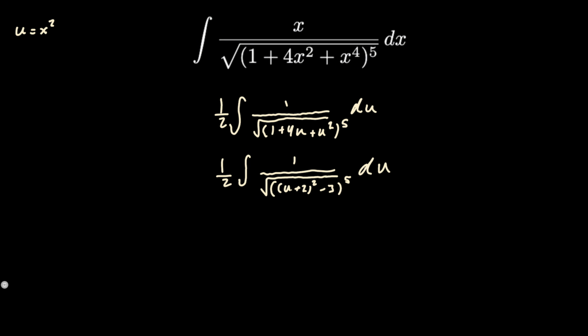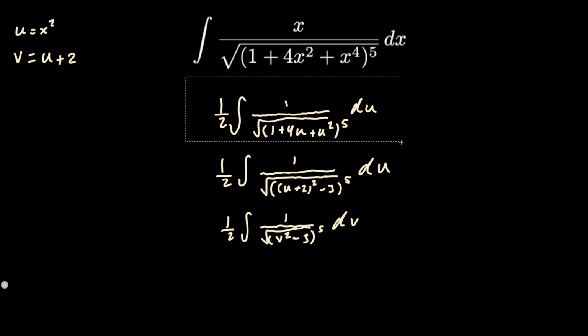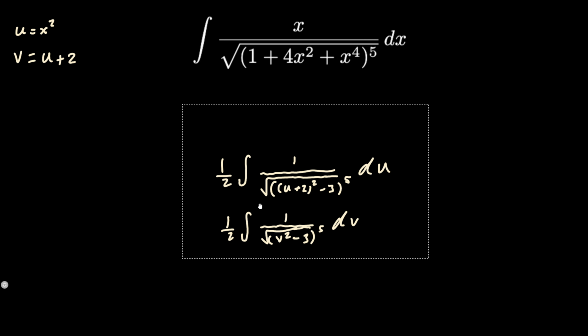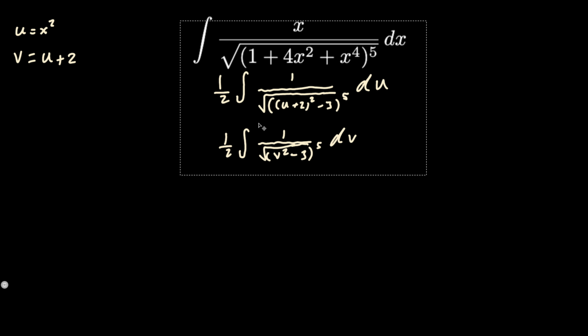It's just going to replace u plus 2 with v, so v equals u plus 2. So we have 1/2 times the integral of 1 divided by the square root of v squared minus 3 to the power of 5 dv. Okay, so we're making some fairly decent progress.